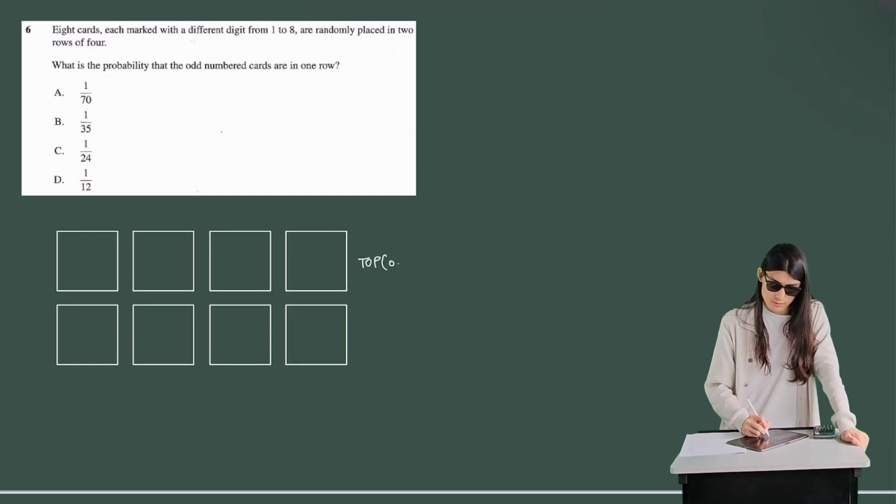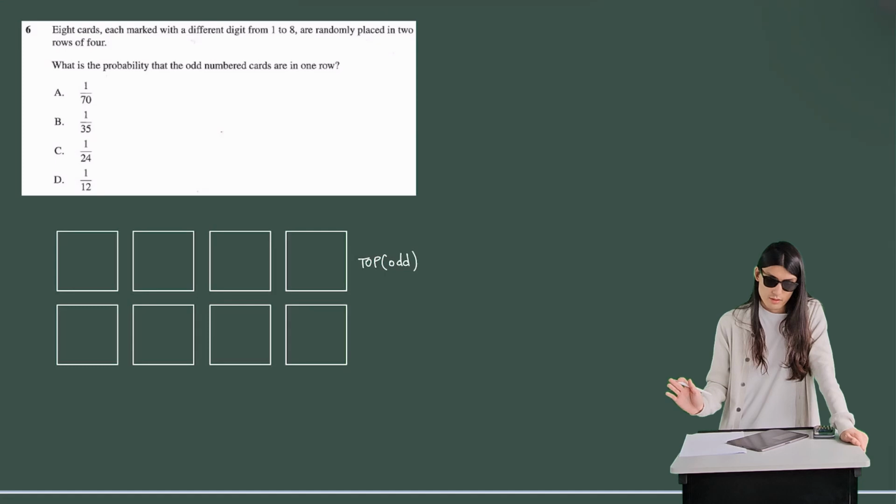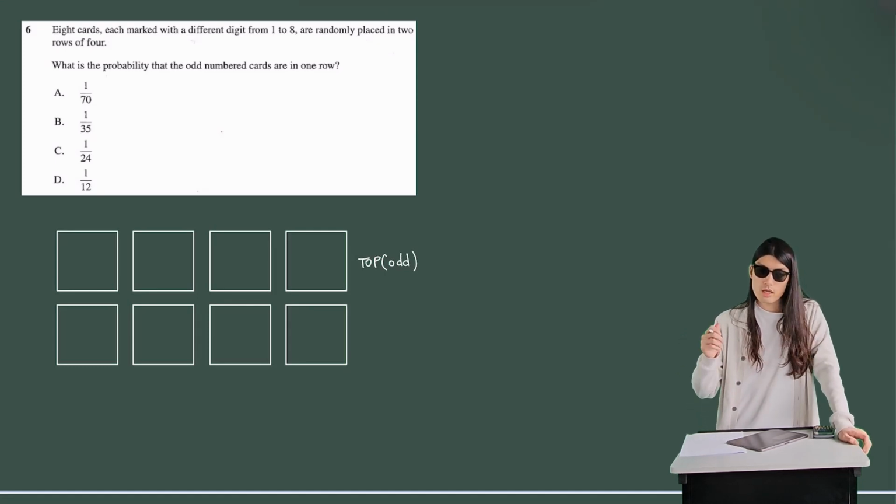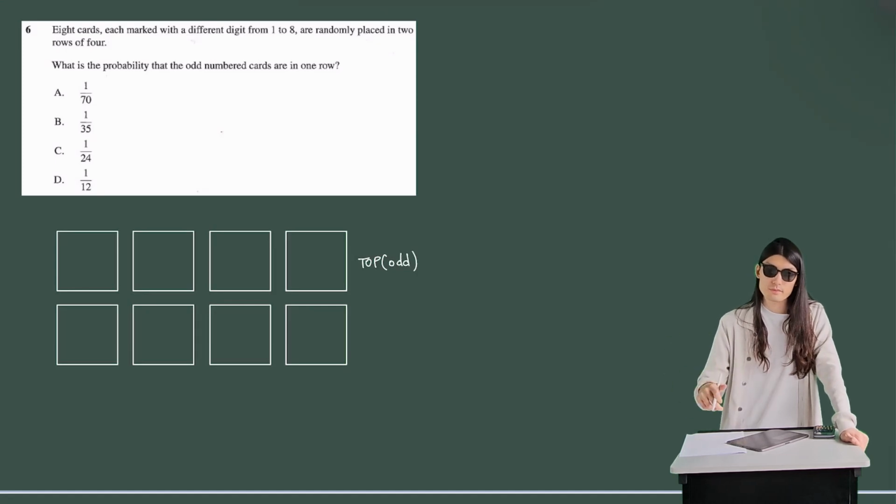Top row over here has got all the odd numbers. And again, in the question, the 8 cards are being randomly placed onto these positions.